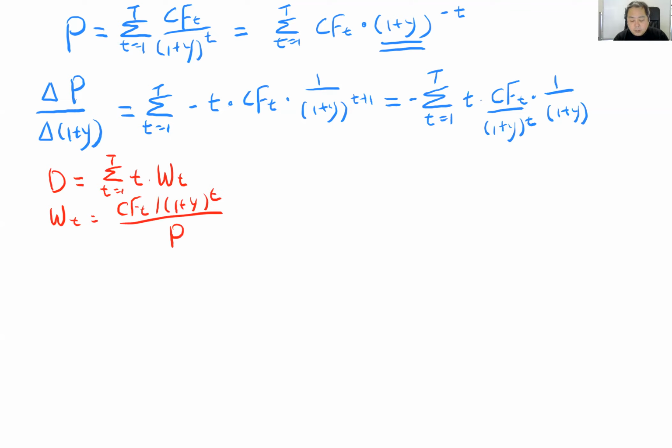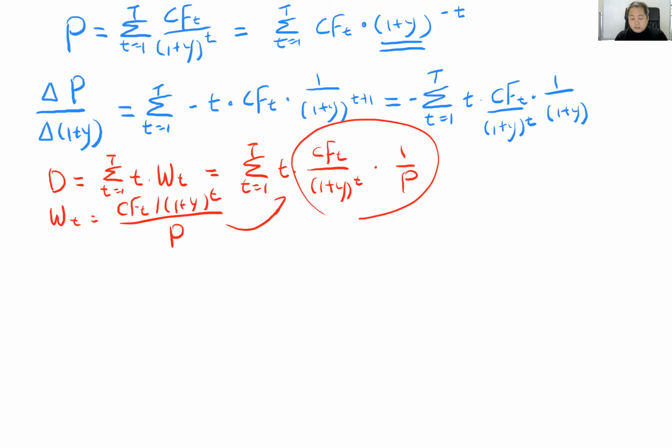So we can rewrite this as the sum of t times cash flow t divided by (1 plus y) to the t, times 1 over P. Just plugging into the formula here. So this is the weight.